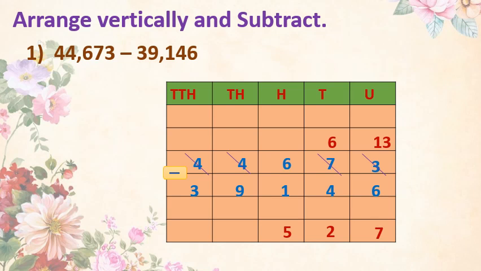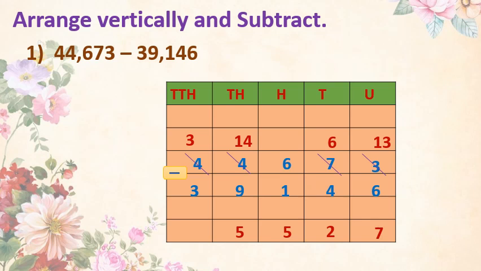Means 1 10,000 is equal to 10,000. Correct? 10,000 plus 4,000 is equal to 14,000. Isn't it? And here in the 10,000s place 3 remained, because we untied 1 10,000. We borrowed 1 10,000 to thousands place. Okay. Now 14 minus 9 is equal to 5.